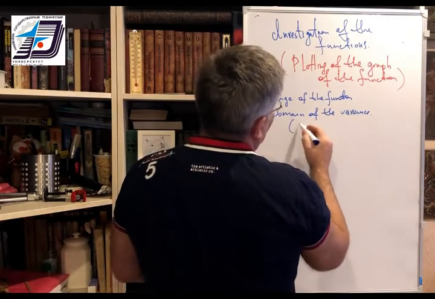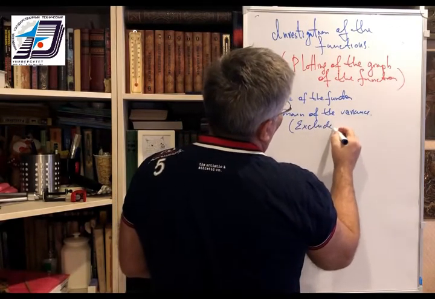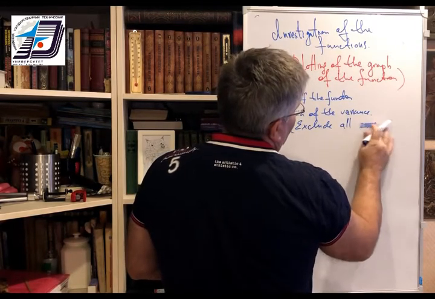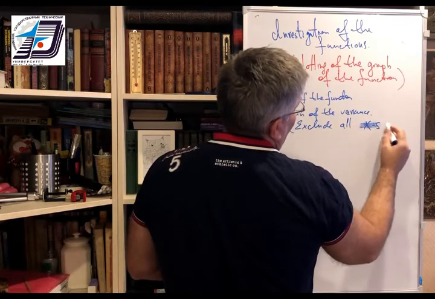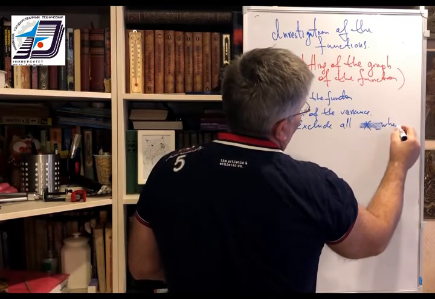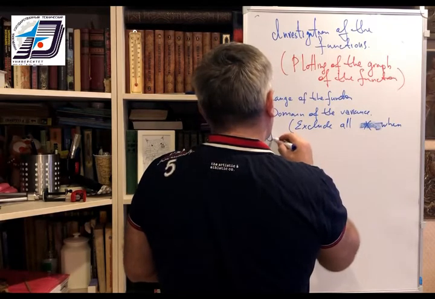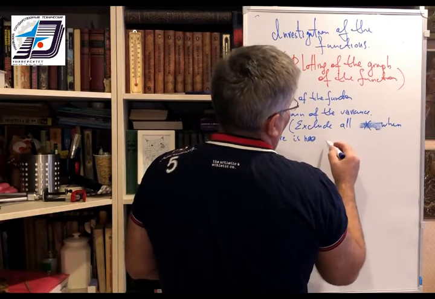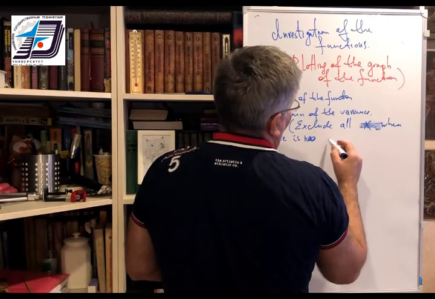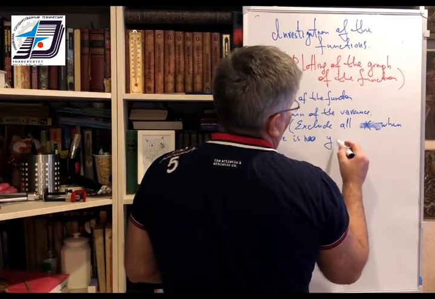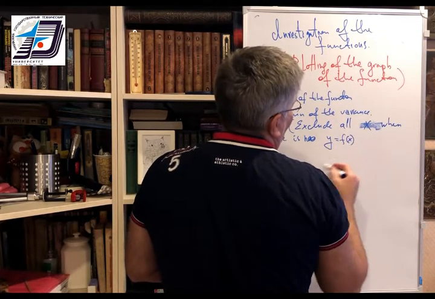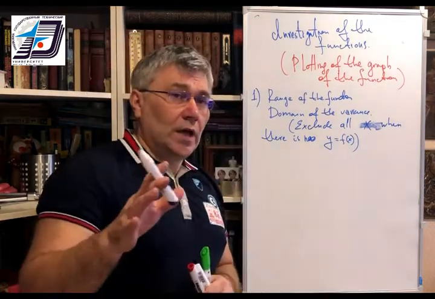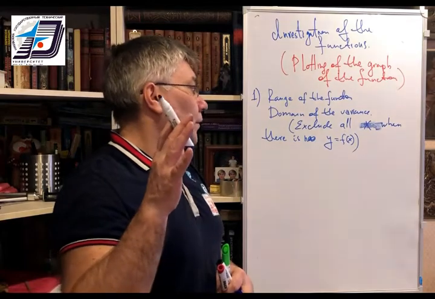Here we have to exclude all x's when there is no y equal f of x. Otherwise, in other words, it means that we have to exclude x's when we can't calculate f of x.